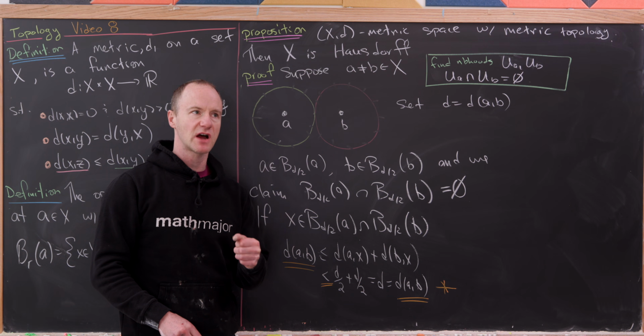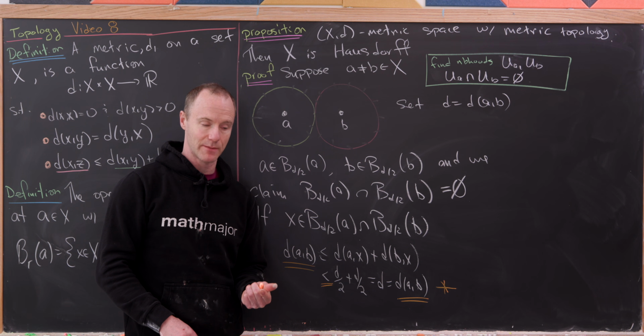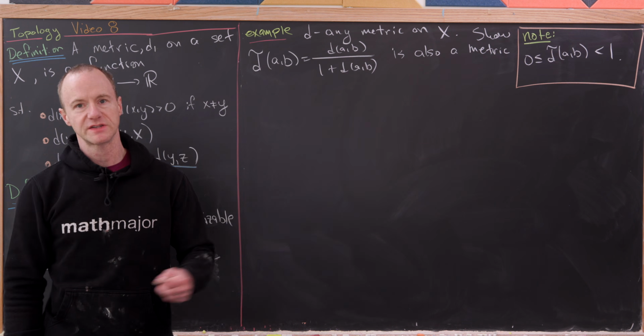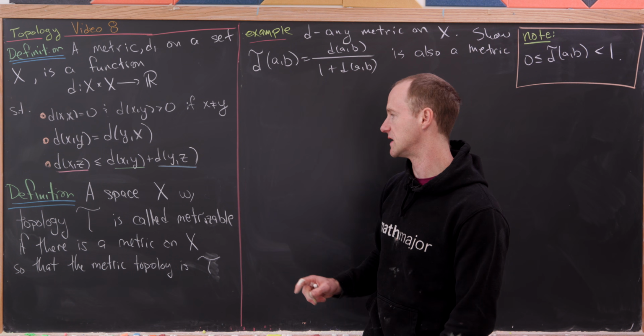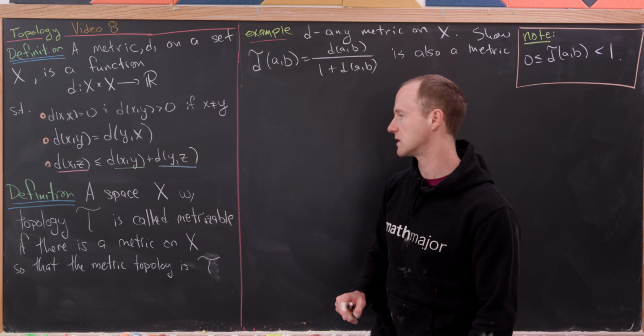Okay, so now we're going to finish off with a definition, a nice example, and then some exercises. The definition we want to end with today is the idea of metrizability.